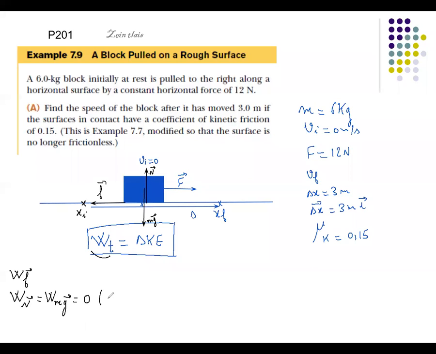Why? Because N and mg are perpendicular to the displacement. We don't need to do the calculation, and we have to calculate the work of f.